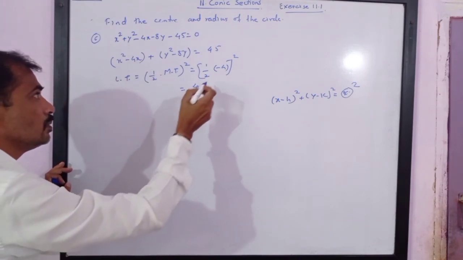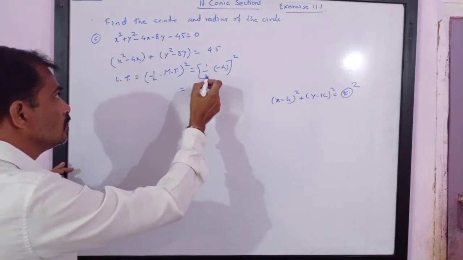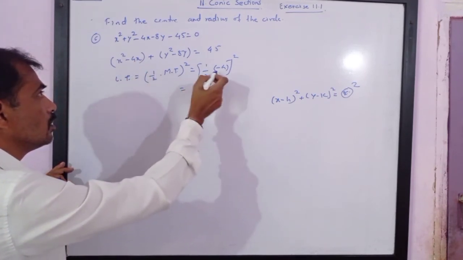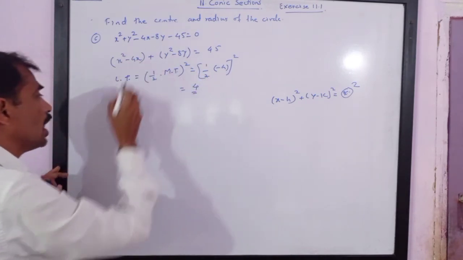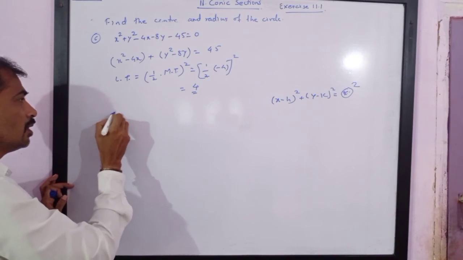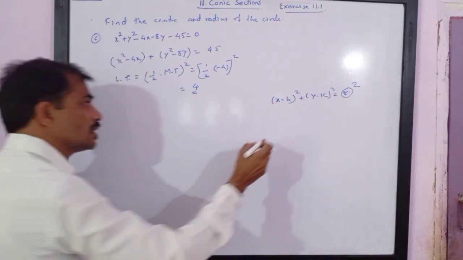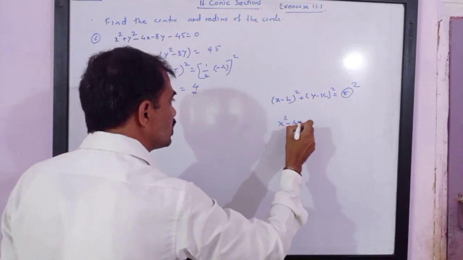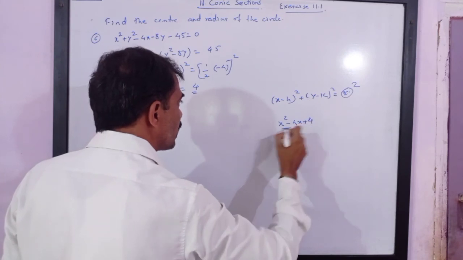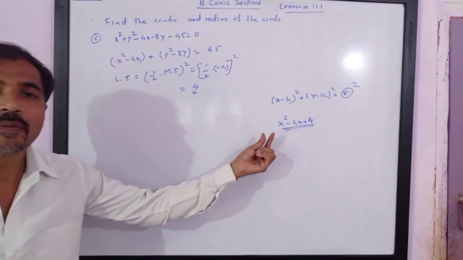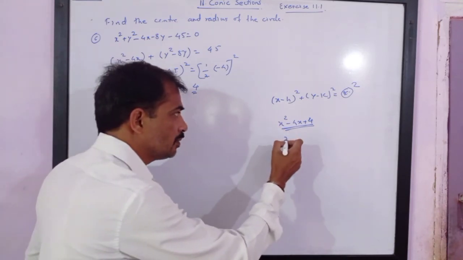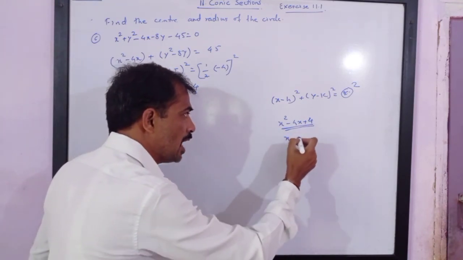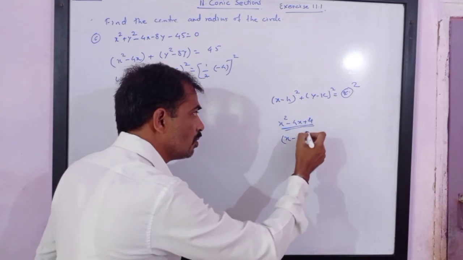If you add 4 to this, you will get x² − 4x + 4. Now please note, this is a perfect square of x, sign of the middle term, and square root of the last term.